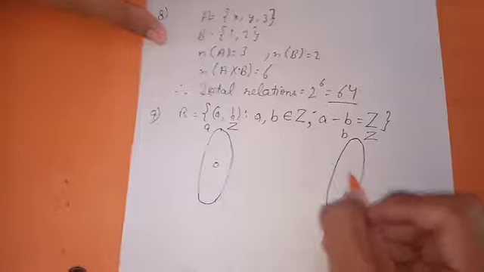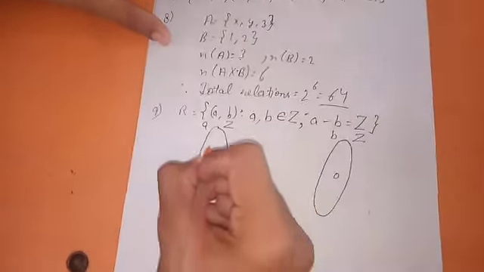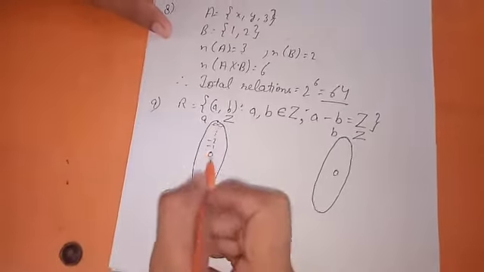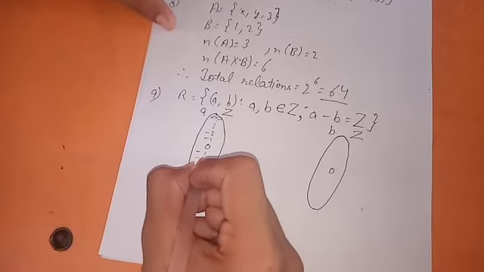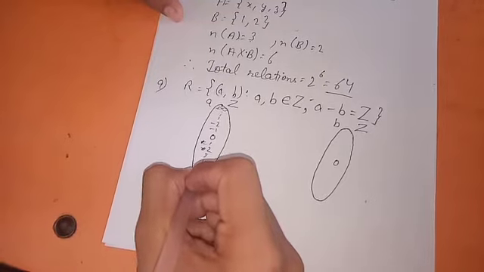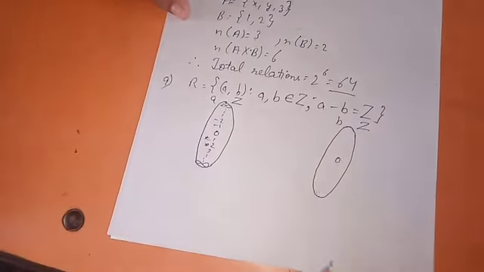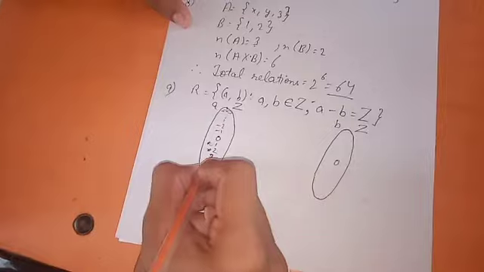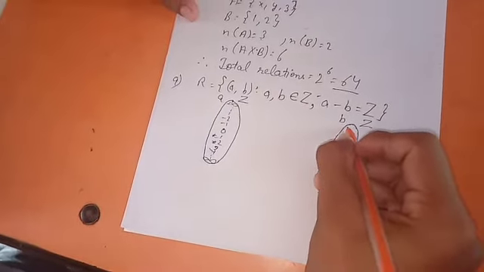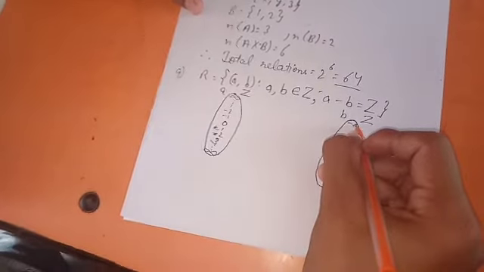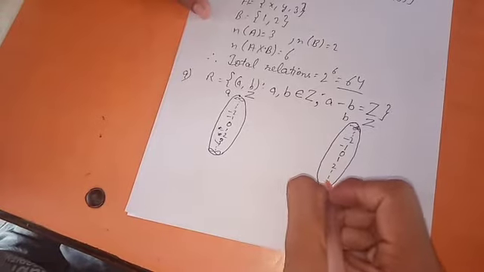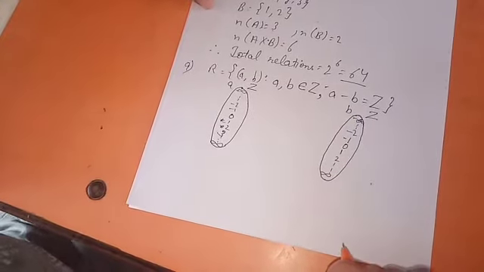So 0 will be in the center of both, -1, -2 till minus infinity, and +1, +2, 3 till infinity. Similarly here -1, -2 till minus infinity, and 1, 2 till infinity.